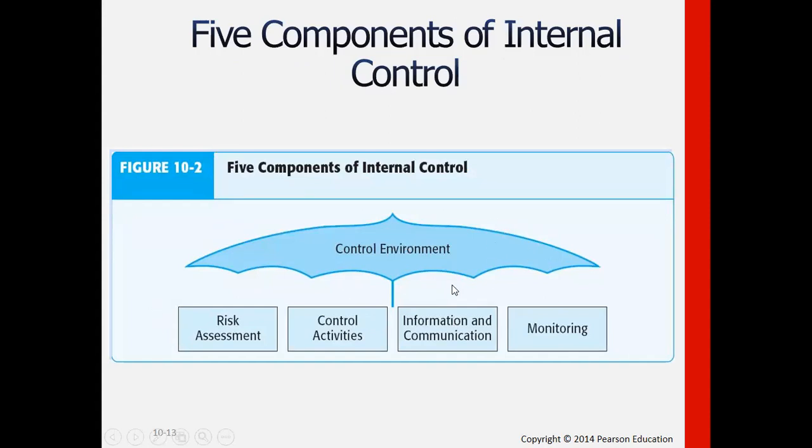It sets the tone of the company. It is at the top because everything will follow, or supposedly should follow, the environment. And then these are the items under risk assessment, control activities, information and communication, and monitoring. So these are the items that are very important and to be discussed accordingly.